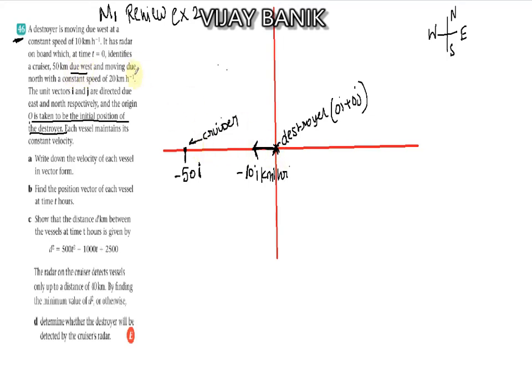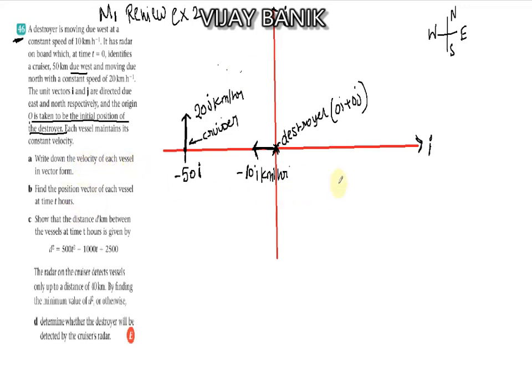This is the origin, and the cruiser is moving northwards. How fast? 20 kilometers per hour. Since it's going up in the j direction, because this is the j direction and this is the i direction, it will be 20j kilometers per hour as its velocity. Now let's write down the velocity of each vessel.